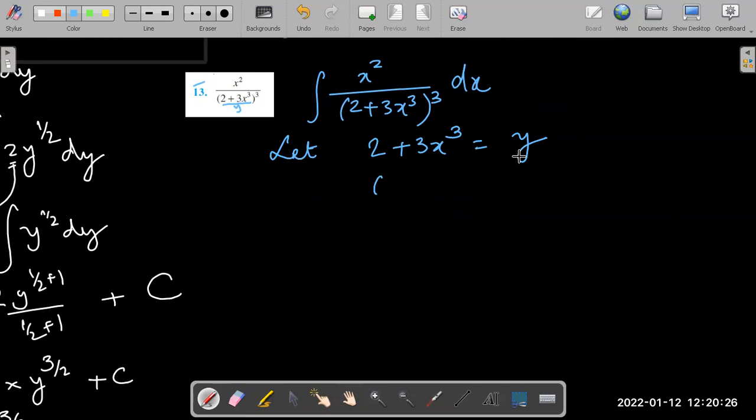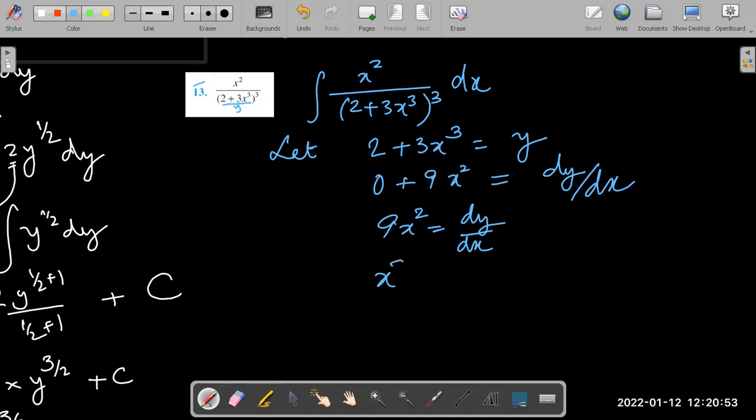Differentiating both sides, we get 0 plus 9x square equals dy by dx. Understood, right? So 9x square equals dy by dx, so x square equals 1 by 9 dy by dx.